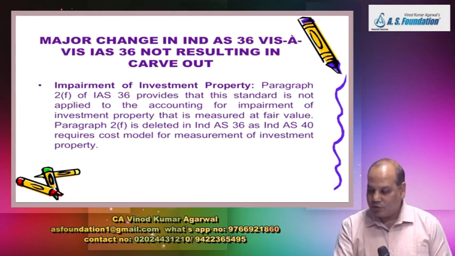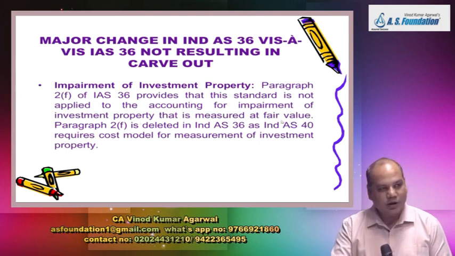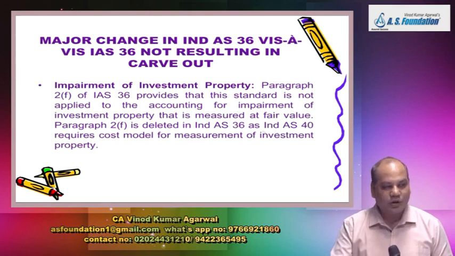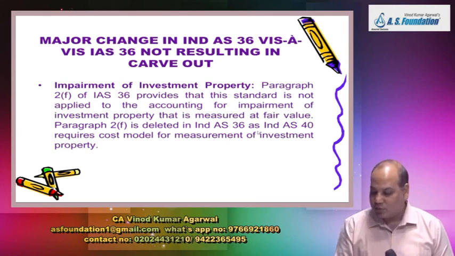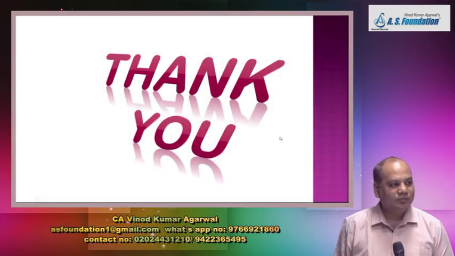So, paragraph 2F of IAS 36 provides that this standard is not applied to accounting for impairment of investment property that is measured at fair value. But why is this paragraph not there in Ind AS 36 or Ind AS 40? Because Ind AS 40 does not allow you to carry the investment property at fair value. Only cost model is allowed. Now this chapter is over.